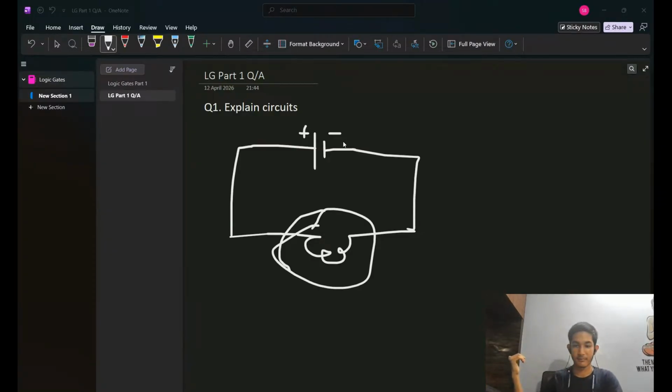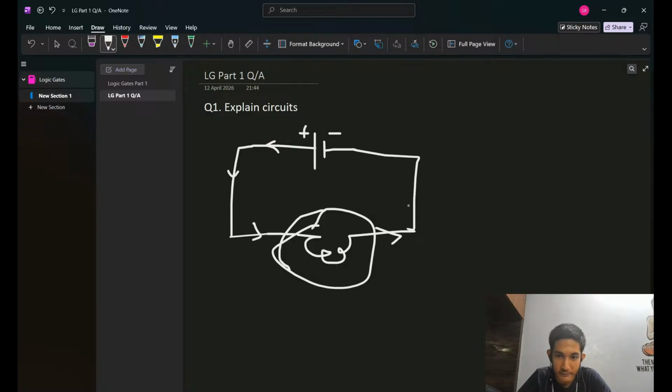So what he thought was that electricity was a fluid that flowed from positive to negative, and it just had that nature. It wanted to go from positive to negative. Now, this is what we call conventional flow of current, CFC. No, this is not chlorofluorocarbons. This is conventional flow of current.